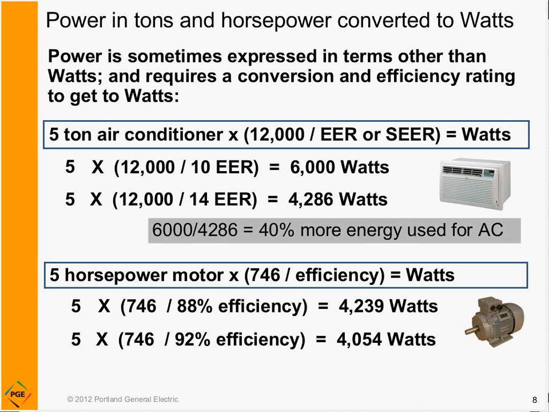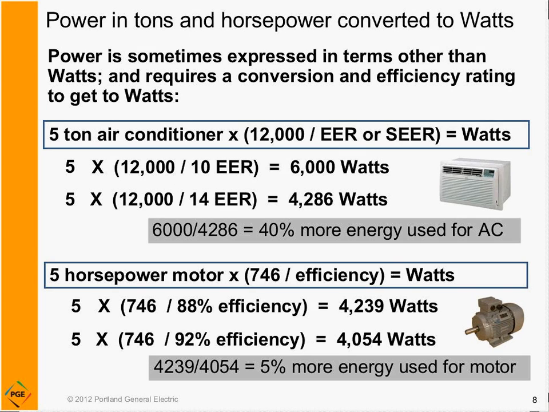If you divide one by the other, you can see that you would have 40% more energy on the bill by buying the 6,000 watt air conditioner. So watch out for tons. Make sure that gets converted to watts and ask questions about the efficiency rating.